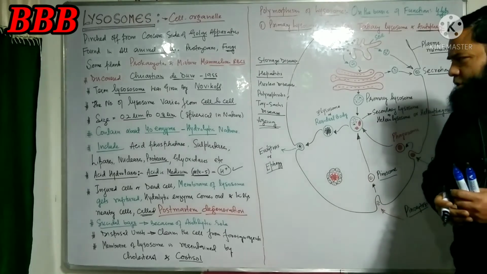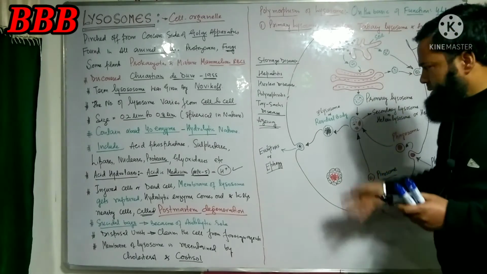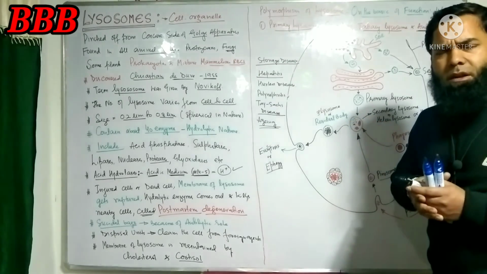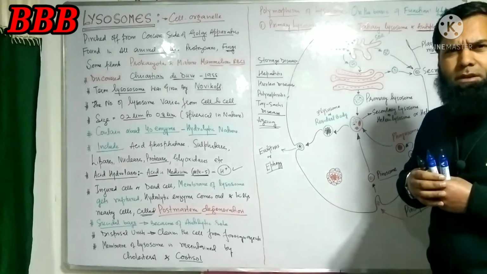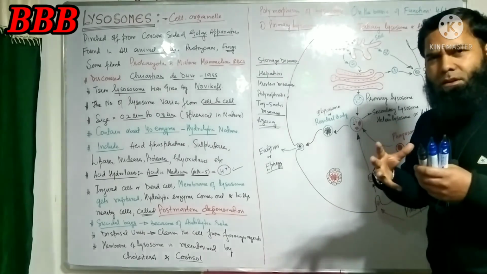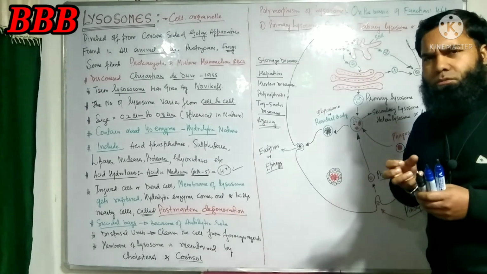And what is autophagy? Autophagy means there are certain cell organelles which are non-functional at the time of aging, worn out cell organelles. Worn out cell organelles are wrapped by a number of lysosomes.